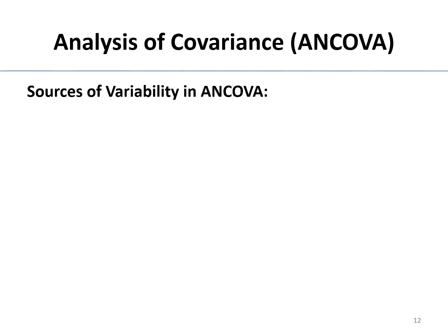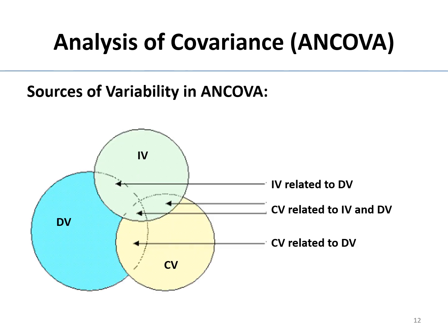So let's talk about the sources of variability in ANCOVA. Here you can see the bubble for the dependent variable is all the variability associated with your dependent variable in your study. Some of that variability in this ANCOVA can be accounted for because of the relationship of the independent variable directly with the dependent variable. Some of that variability, on the bottom there, is what the covariate predicts in the dependent variable.